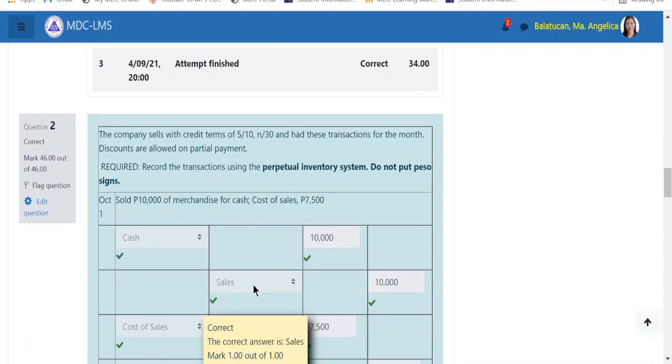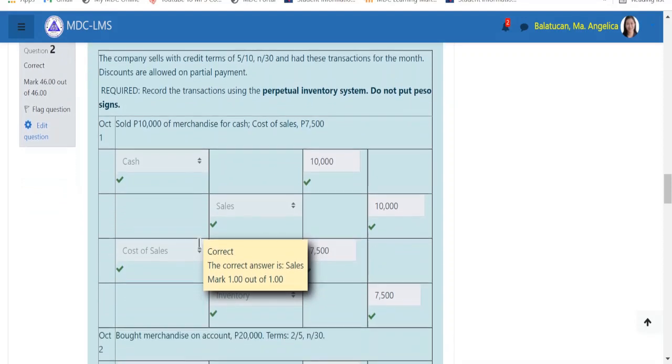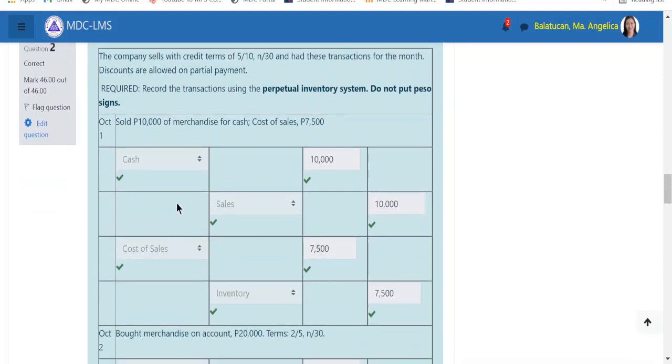Now let's go to the perpetual inventory system. So the difference between the perpetual and the periodic inventory system is that the perpetual system will record the purchases, purchase returns, purchase discounts, and freight in using the account title inventory or merchandise inventory.